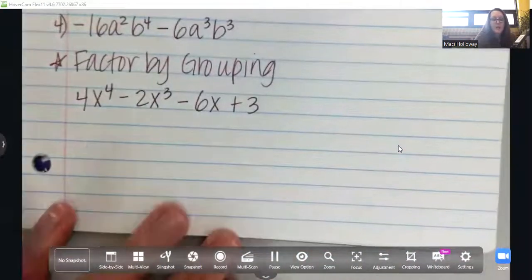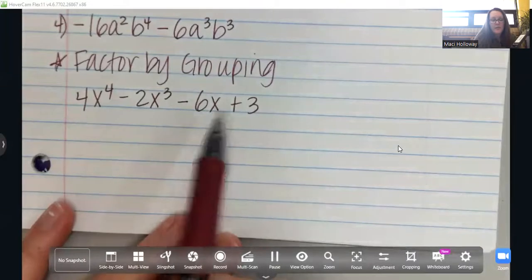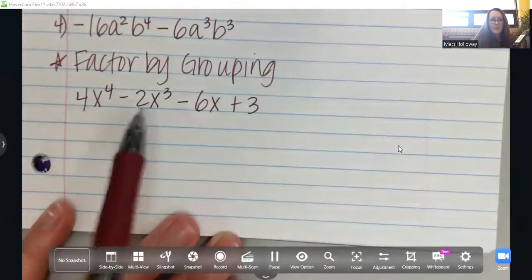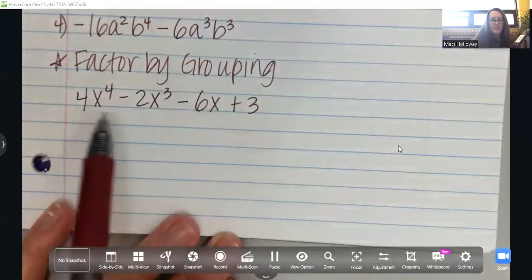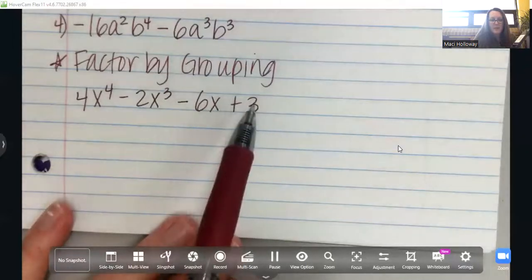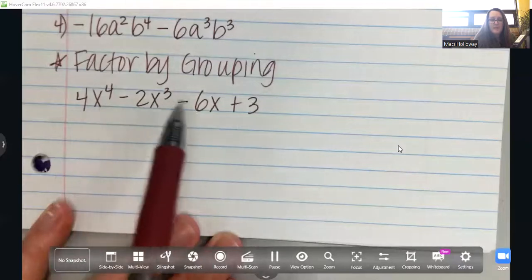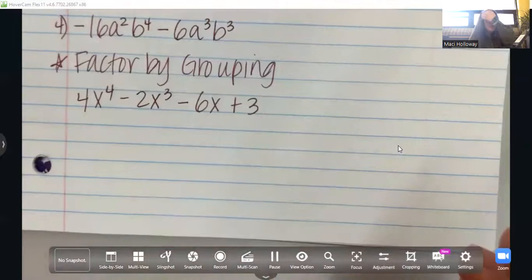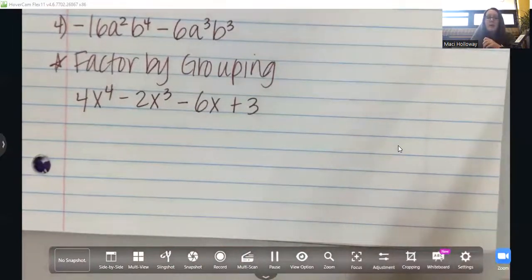Now, if I look at all 4 of these, there's not a greatest common factor between all of them, right? So like if I looked at these 3, they do have a 2 in common, but the 3 is kind of on its own. But if I look at my x's, like, okay, these 3 have an x, but this one doesn't. This is a good opportunity for me to factor by grouping.